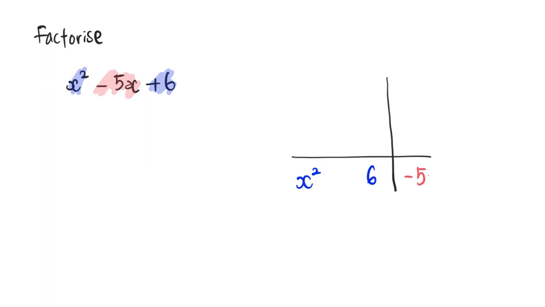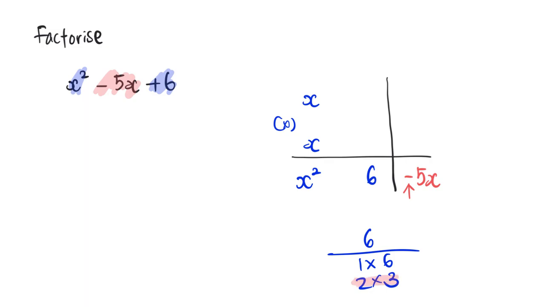So x times x will be equal to x squared. As for 6, it can be 1 times 6 or 2 times 3. I must make sure that I choose a pair that will also give me my negative 5.